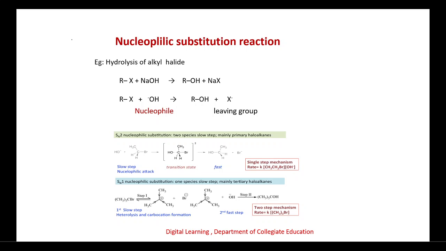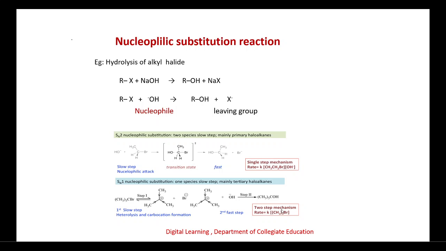And once again, based on the order, if it follows first order, we call it SN1 nucleophilic substitution. If it follows second order, we designate it SN2. SN1 nucleophilic substitution reaction generally occurs in a tertiary alkyl halide.